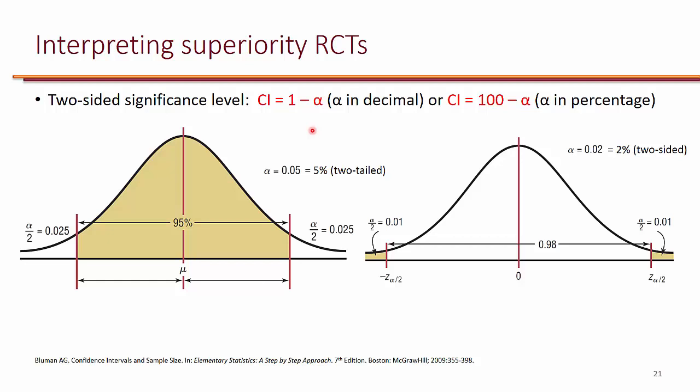In randomized clinical trials we commonly use a 5% alpha, or an alpha of 0.05, and that's why 1 minus 0.05 equals 0.95 or 95%. So anytime you have an alpha of 5%, you need a confidence interval of 95% so that it follows this rule.